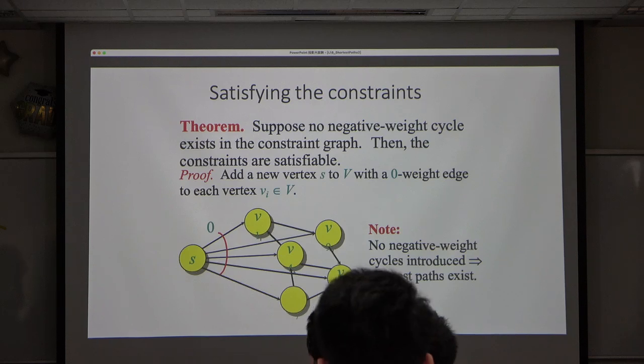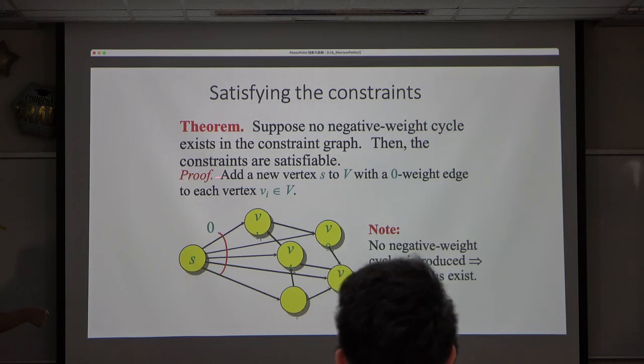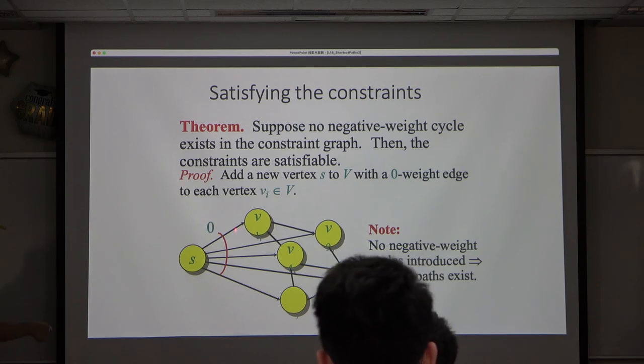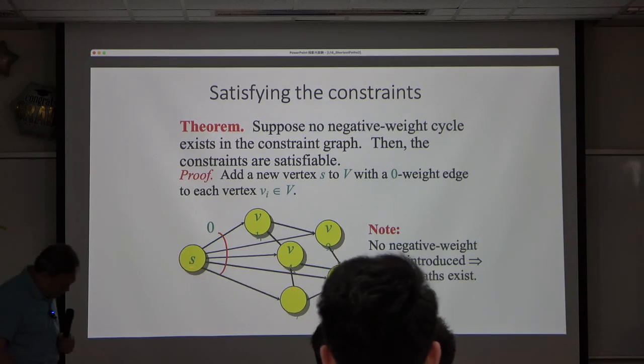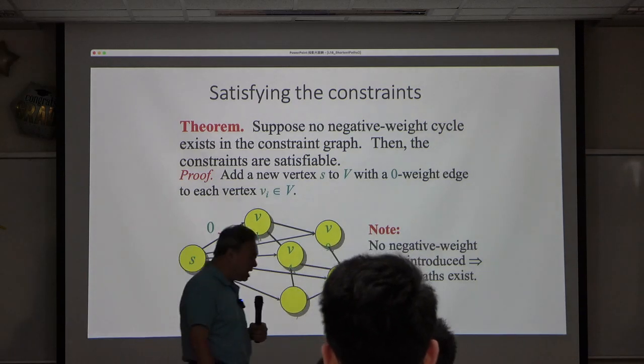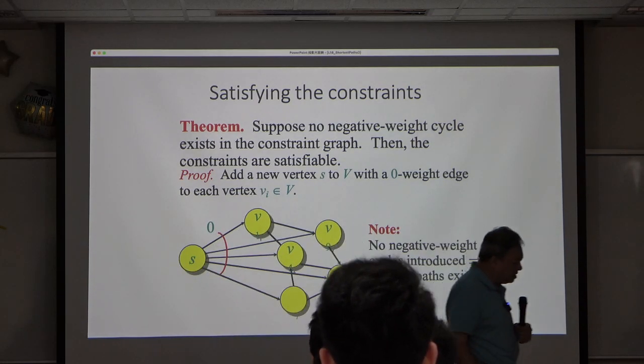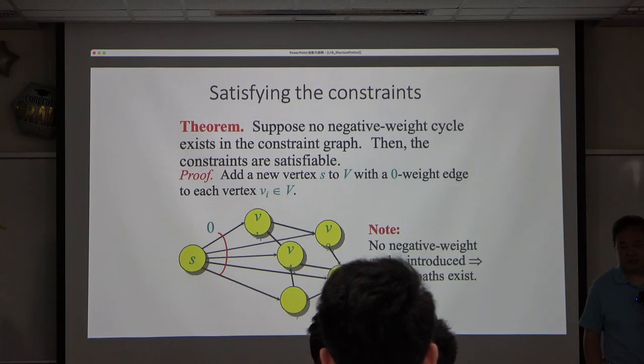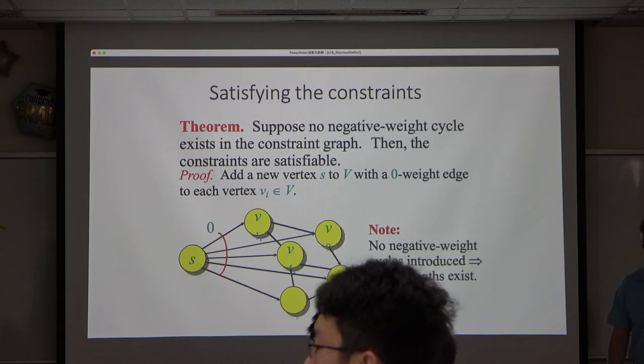Because if the original graph does not have a negative weight cycle, after adding S and these zero weight edges to the graph, obviously it does not contain a negative weight cycle either, right? It's impossible.